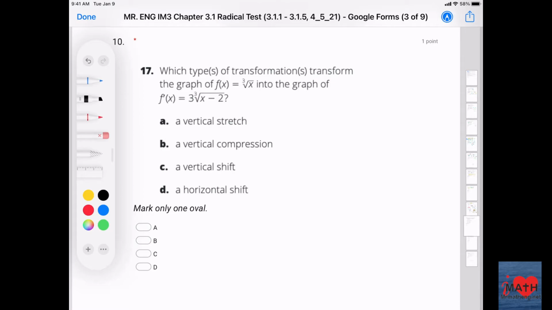Number 17. Which type of transformation or transformations transform the graph from f of x into the graph of f prime of x, which is just the inverse.